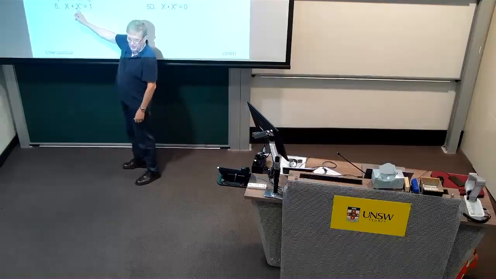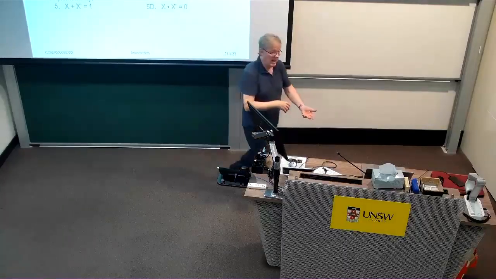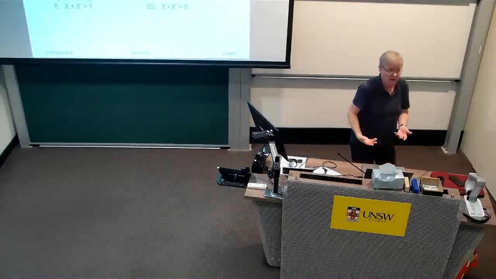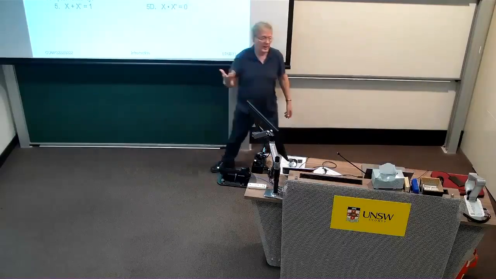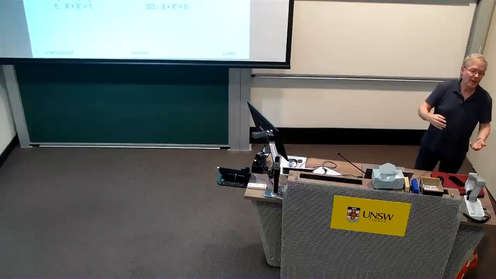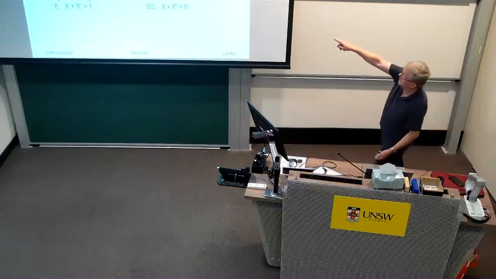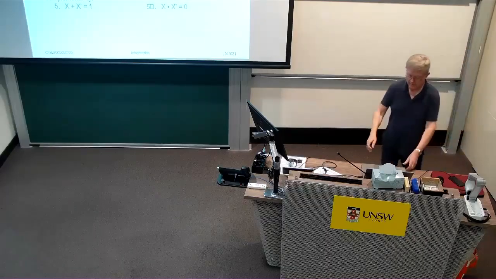If you OR x with its complement, then you get 1, because either x or not x is true, right? It has to be. And if you AND x with its complement, you get 0, because either x or not x is going to be 0, so the result's going to be 0.